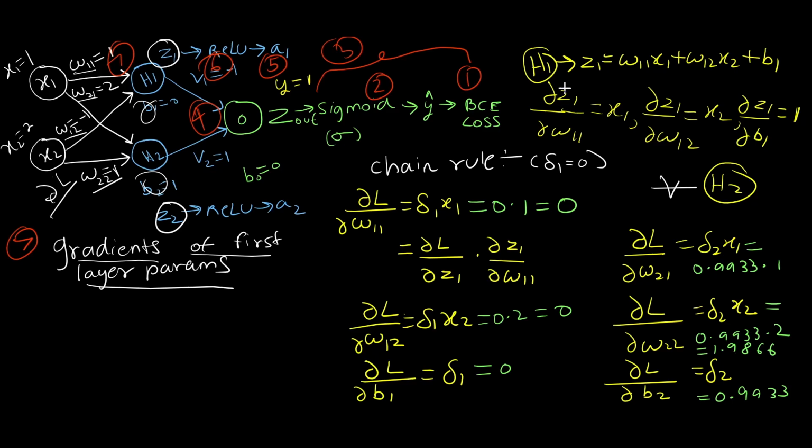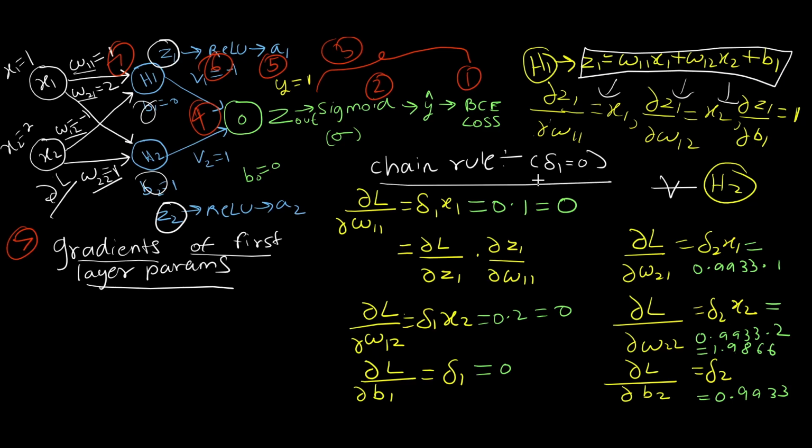So let's see for hidden layer neuron 1. This is the weighted sum function. Here we're going to take the partial derivative of this with respect to each of the weights and bias, which are the parameters. If we just do the partial derivative, we'll get these results, which we already did before.